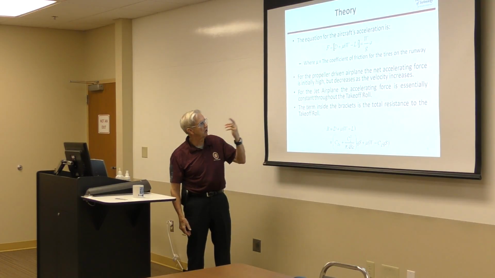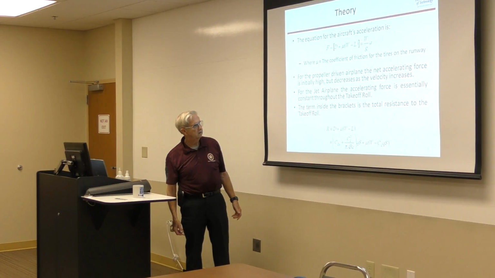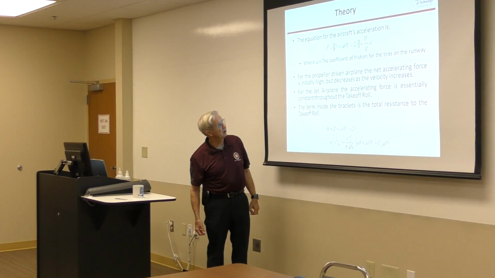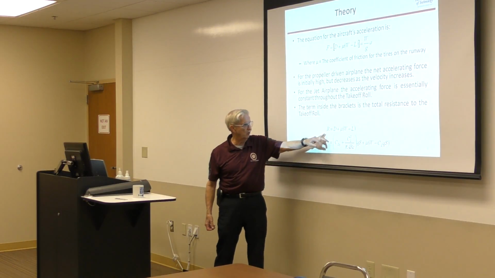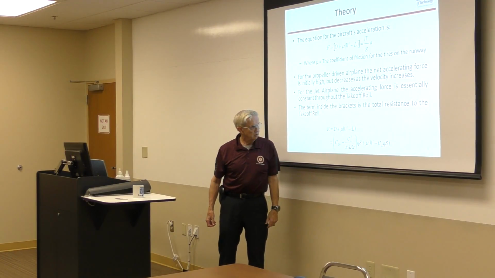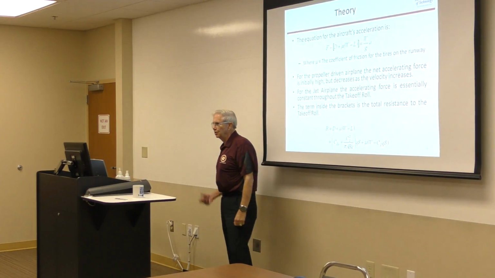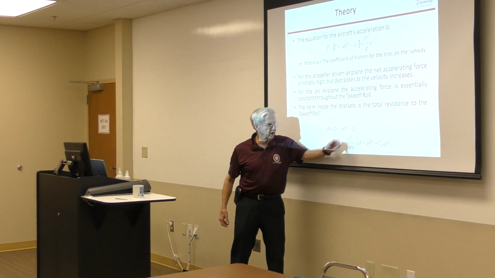For propeller-driven airplanes, accelerating force is initially high but decreases as the velocity increases. For a jet, it's pretty much constant through the takeoff roll. And we can say that the terms inside the brackets in that first equation up there is the total resistance to the takeoff roll, and we just put it this way: resistance is drag plus the rolling friction, and of course the weight minus the lift, and of course during that roll the lift is changing, and so this term is changing during the roll.